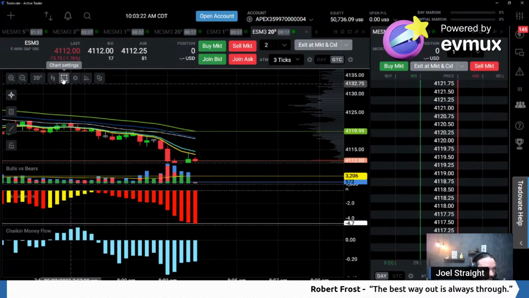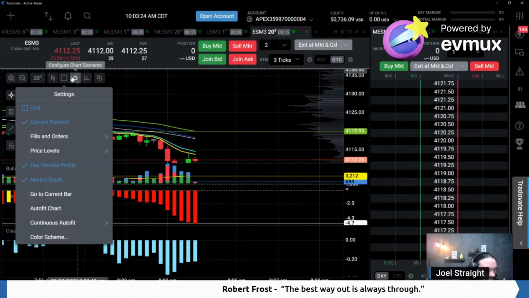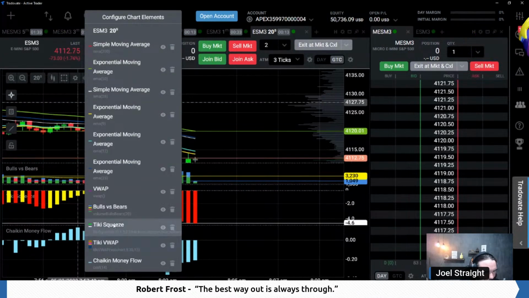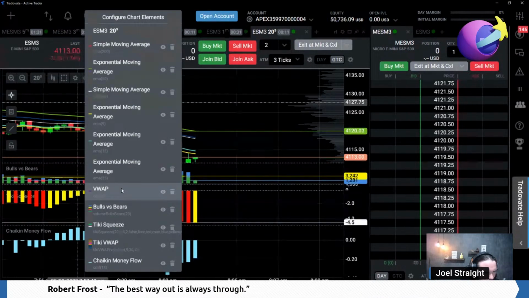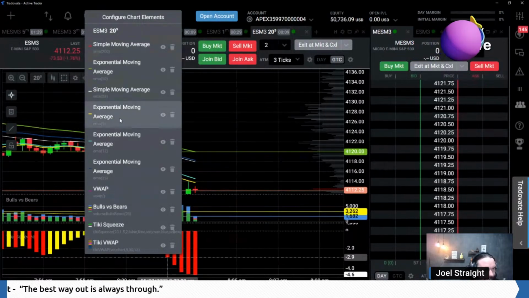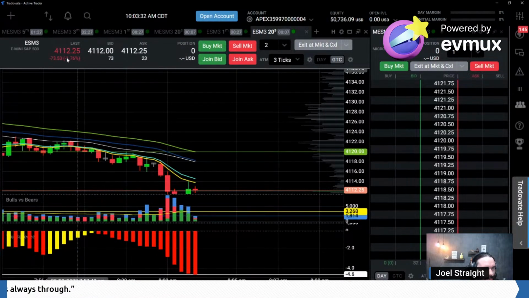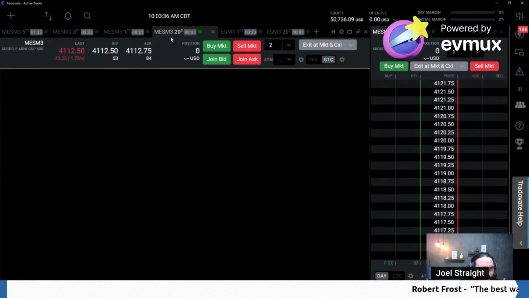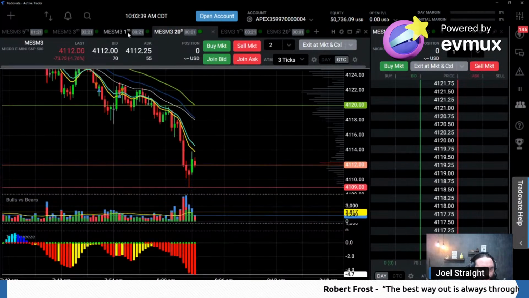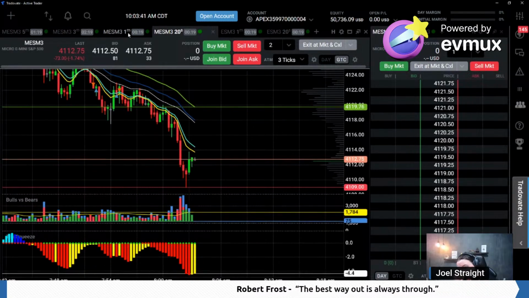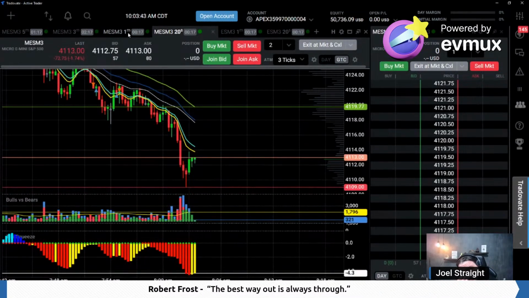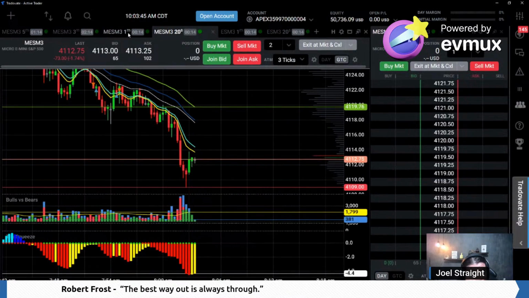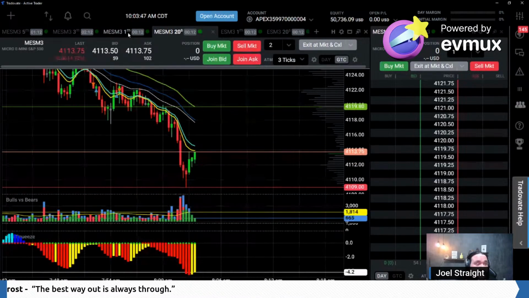Now we have the Chaikin money flow on top, chart settings. What an insane day.